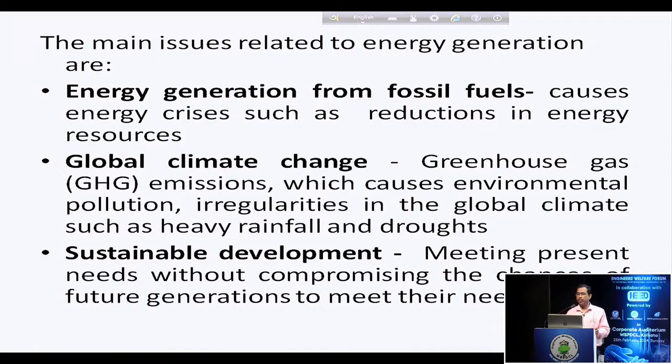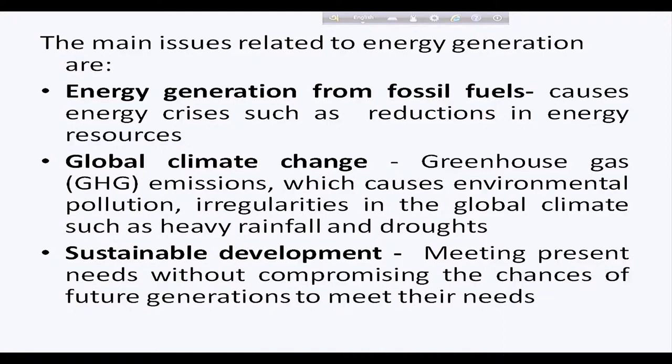You are familiar with the greenhouse gas effect and environmental pollution and how it is affecting the global climate. So now we have to look for sustainable development, meeting the present needs without compromising the chances of future generations to meet their needs.